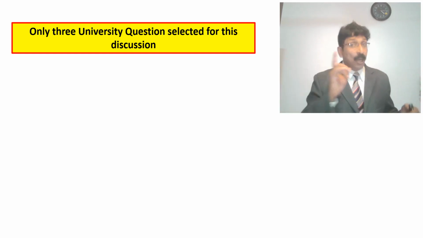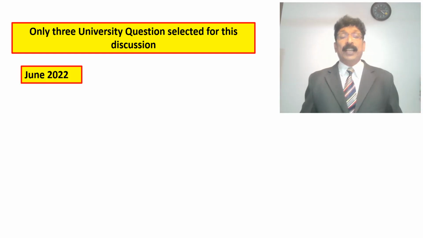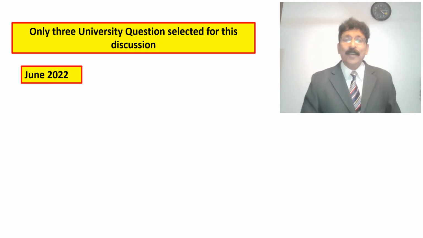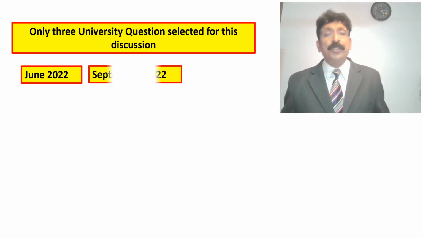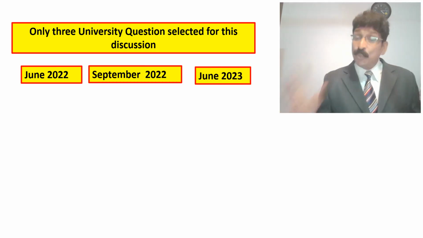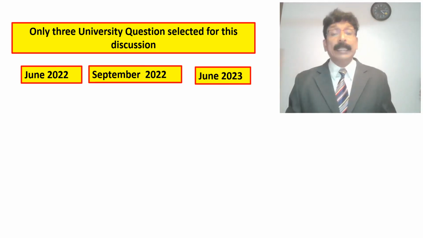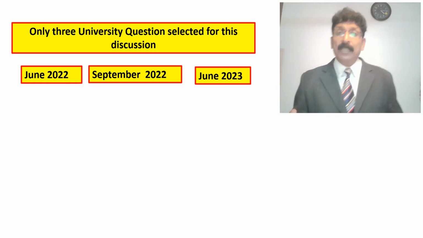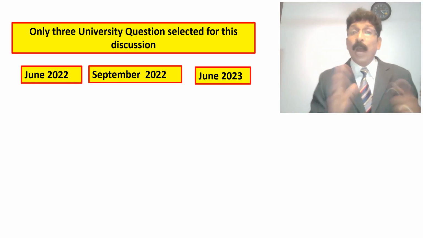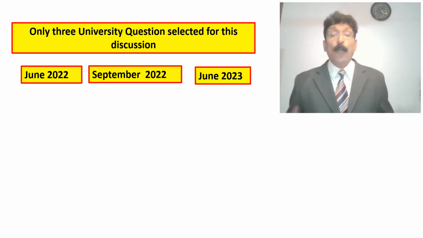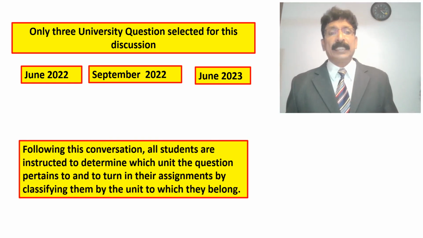I hope you can understand this very clearly. We are discussing only 3 question papers: June 2022, September 2022 and June 2023. Only 3. There are many previous question papers available on the KUHS website, Kerala University of Health Sciences website. We have taken only 3 for our discussion, for your assignment work.